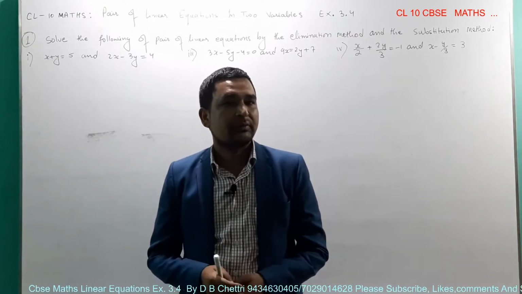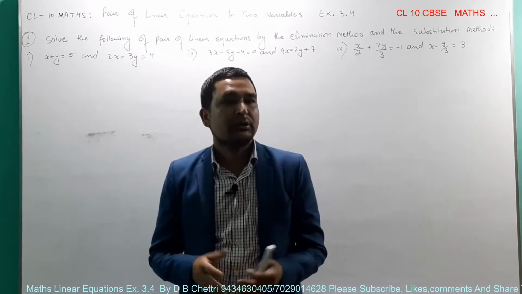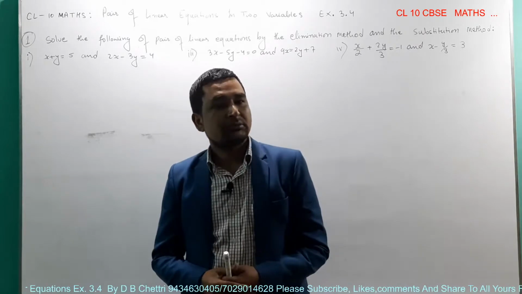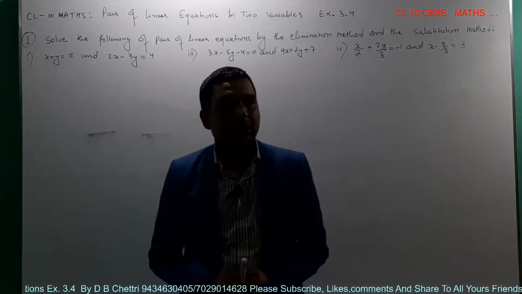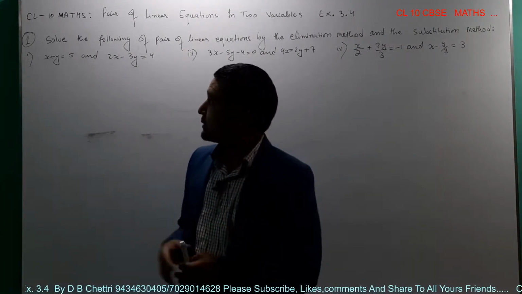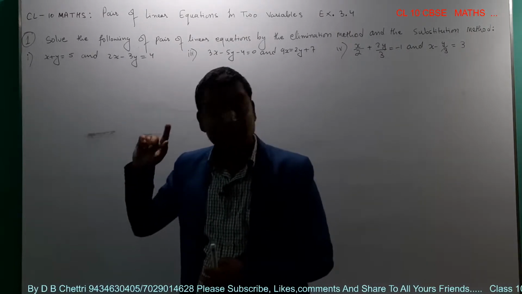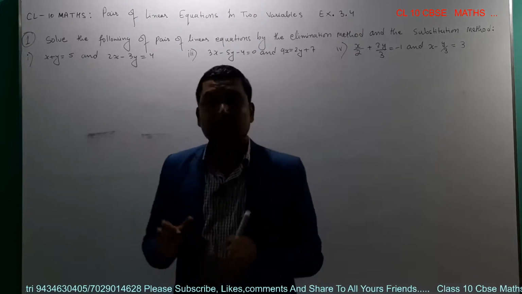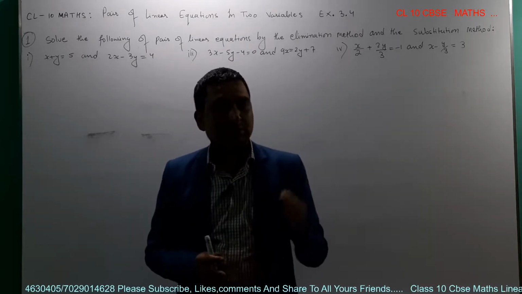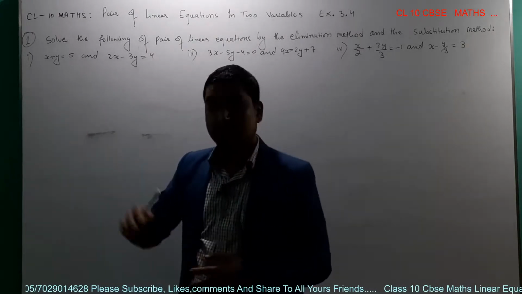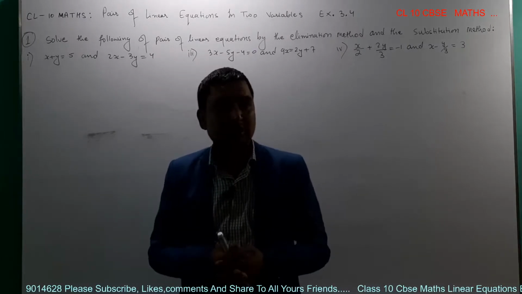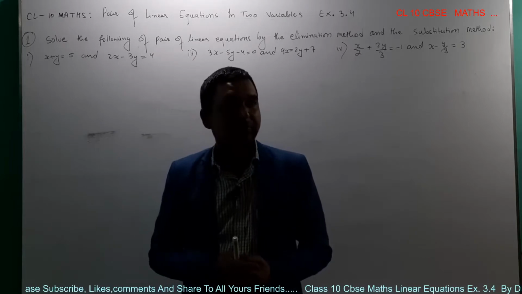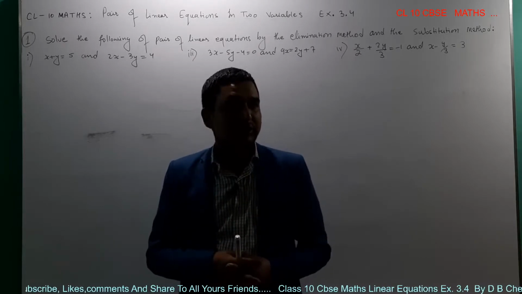In the previous exercise 3.3 we solved all the questions by the substitution method. In exercise 3.4, question number 1, the question asks us to solve this pair of linear equations by two methods, elimination as well as substitution. The substitution method we already learned.